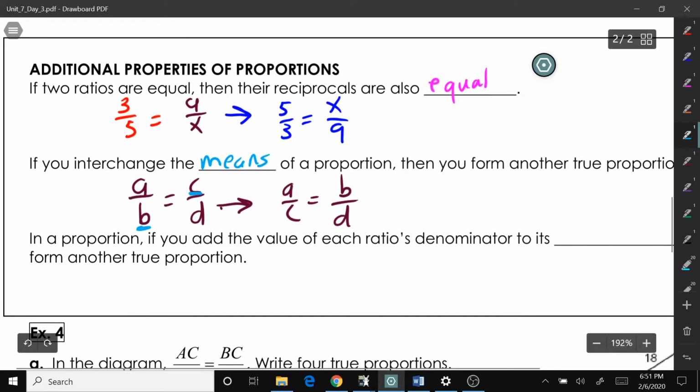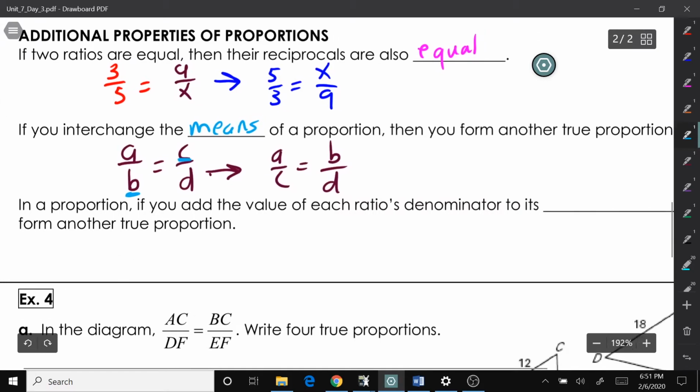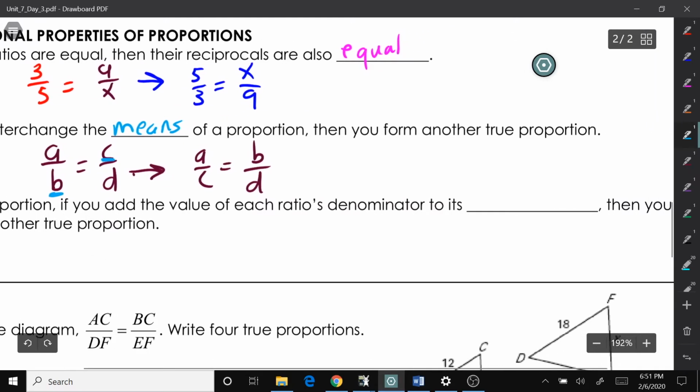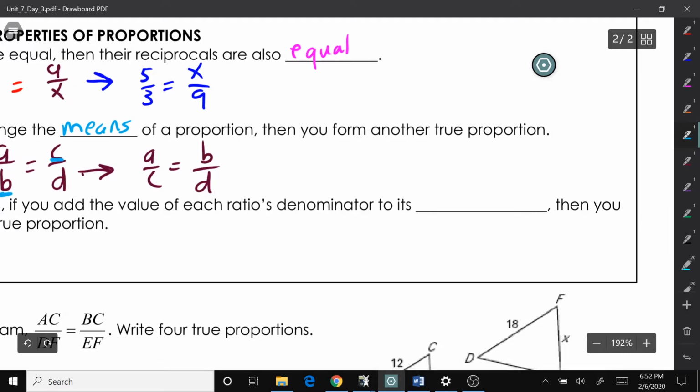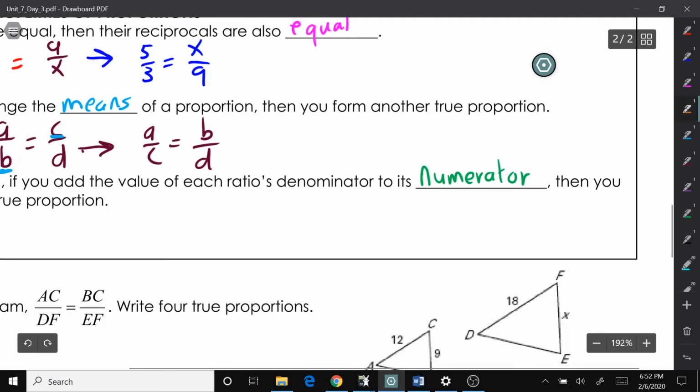And then the last one, if you add the value of each ratio's denominator to its numerator, then you get another true proportion. And what that looks like is this.